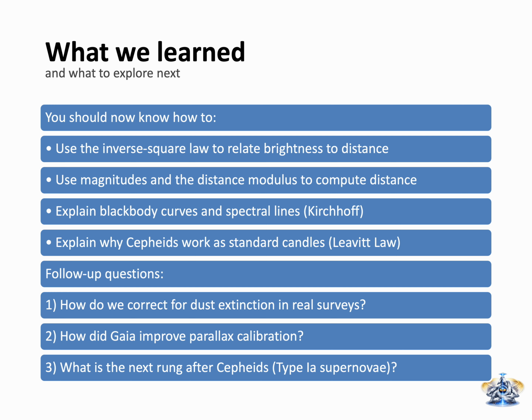Cepheids give intrinsic brightness from their pulsation period, extending distance to other galaxies. If you want the next quest after the video, learn the next rung. Type 1a supernovae, and then you run into one of modern cosmology's biggest puzzles: how precisely the universe is expanding.